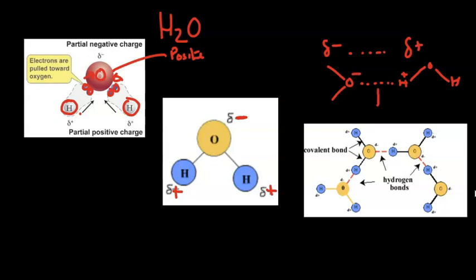And this so-called hydrogen bond has something of the order of 1/20,000th of the bond strength of a covalent bond, so not at all strong.